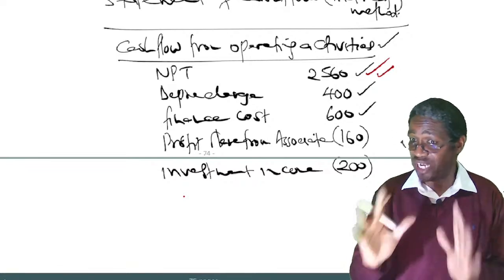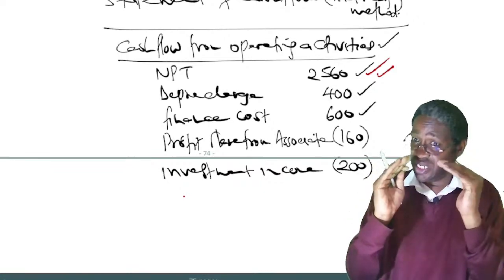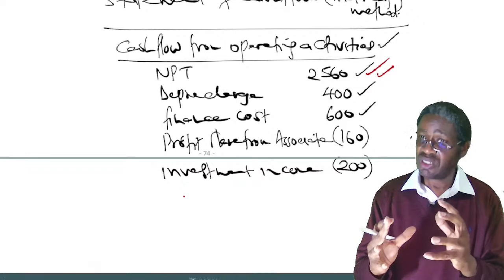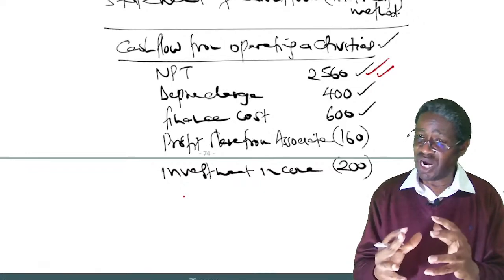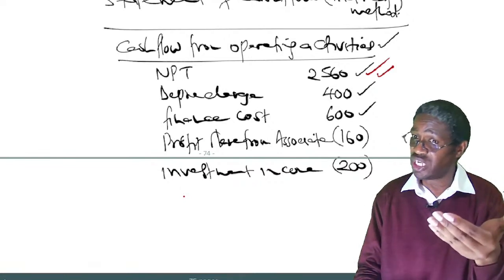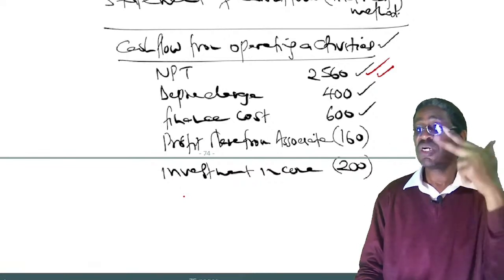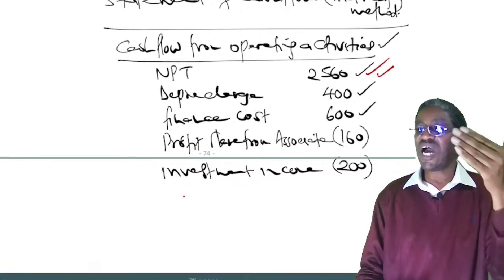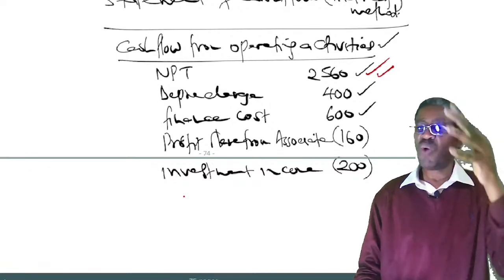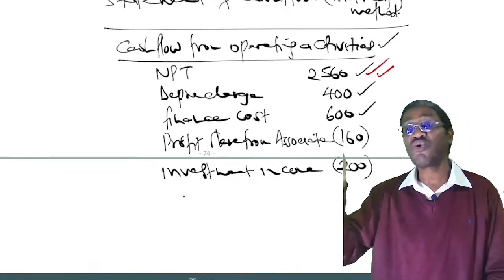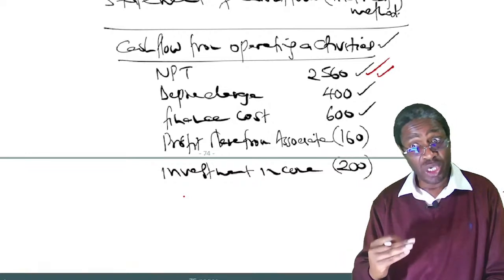So don't forget our procedure. I've said get the profit before tax, find out non-cash items. Where do you get some of them? From the normal income statement that you are given, like I've done for finance costs and the profit share from associate. Once I am through with the items from the income statement, I go through the additional information.